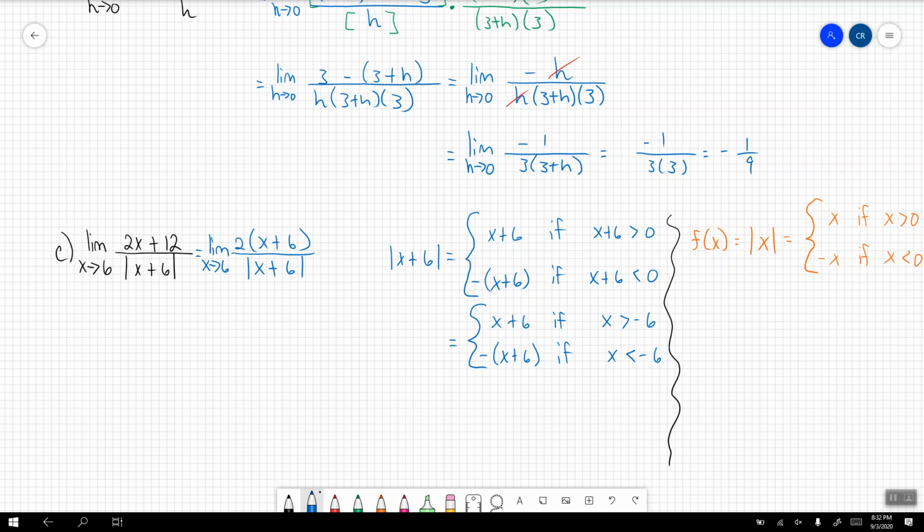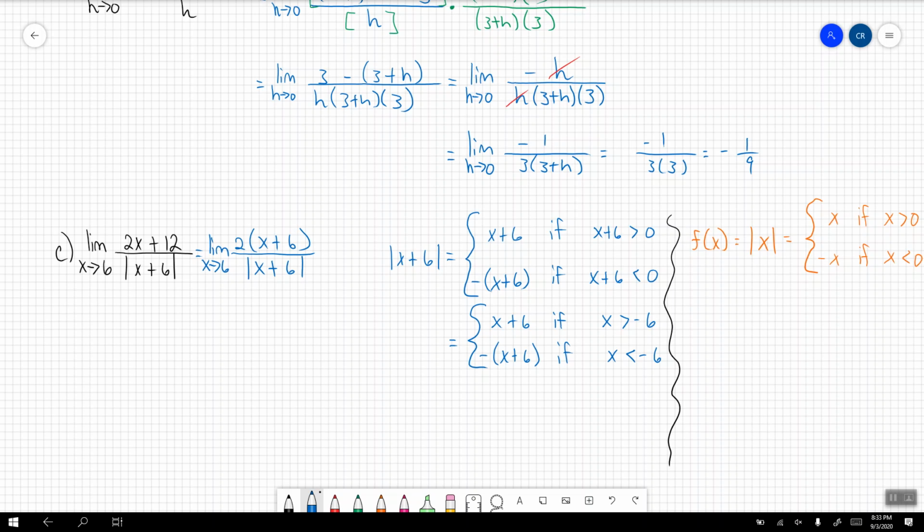And I'm going to tell you this right now, please do not cancel. Please do not simplify the numerator and denominator, as they are not the same. They are not the same because we get two different pieces, as we can see from the piecewise function. If you were to cancel it out, you would only be canceling out one of the pieces, which means the other piece still exists, and that's the one you are not accounting for if you do cancel. So please be careful with that.